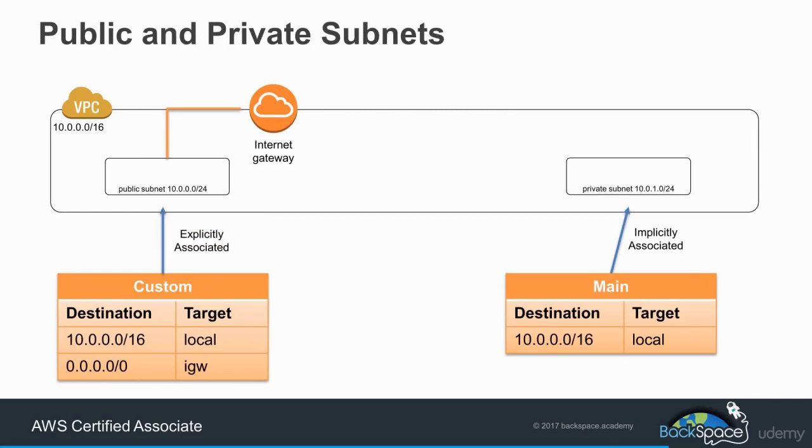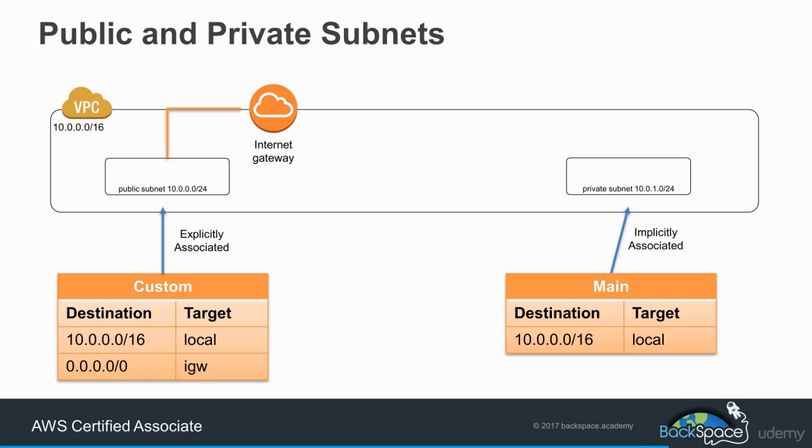So we talked there about public and private subnets. Our public subnet, if we were looking at, say, a LAMP environment, we would probably have our application and our web server and everything in our public subnet, and that would have a custom route table explicitly associated that would allow not only local traffic, but traffic through to the internet gateway and out to the wider internet.